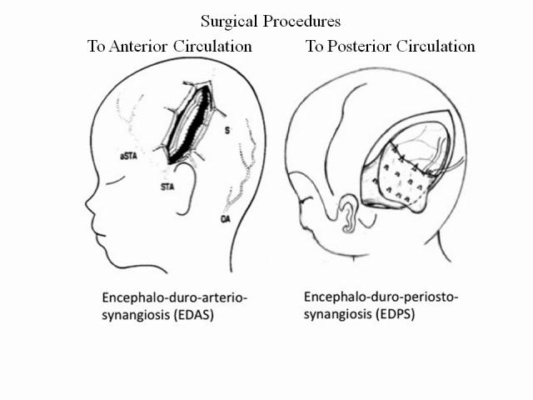For the anterior circulation, we have been using EDAS, which was developed by Yoshiharu Matsushima from our institute. And recently, we are using encephaloduroperiosteal angiosynangiosis for the posterior circulation area, like the occipital lobe or posterior temporal lobe.